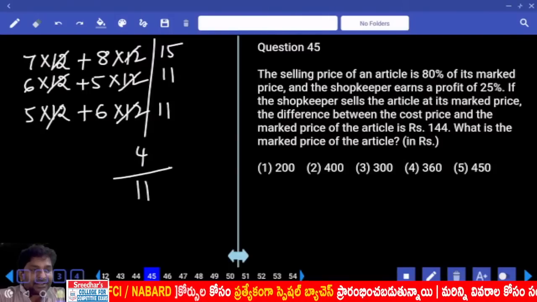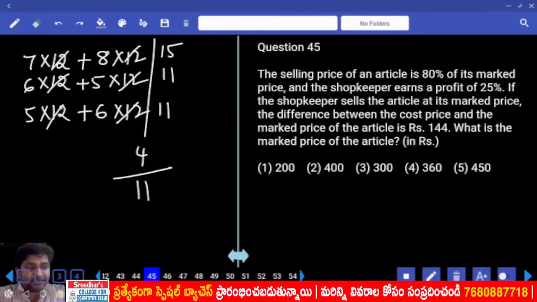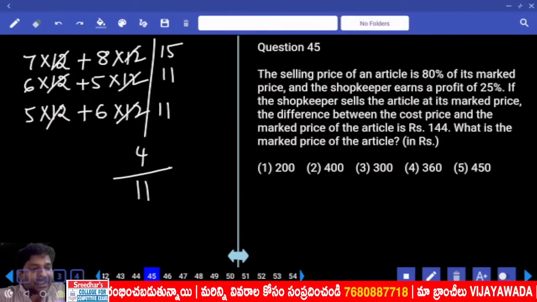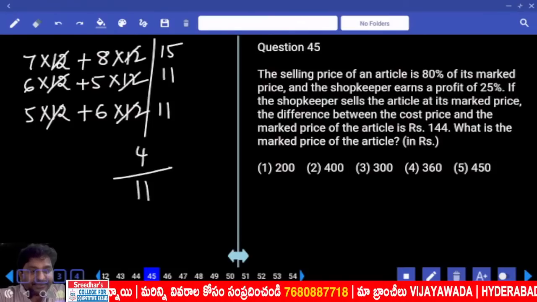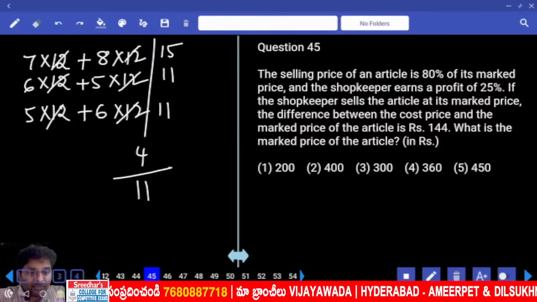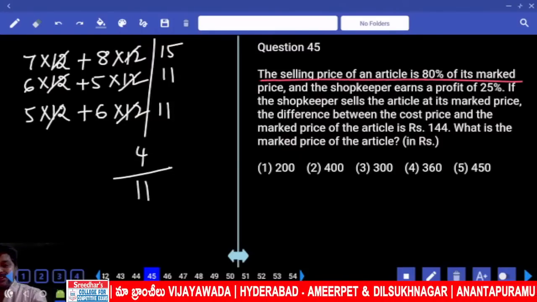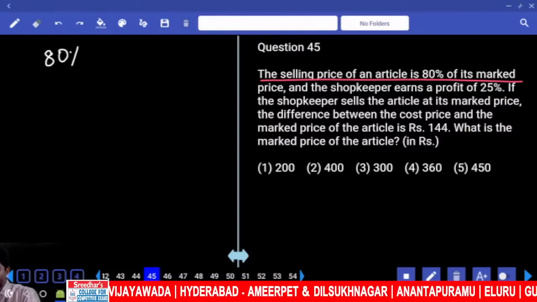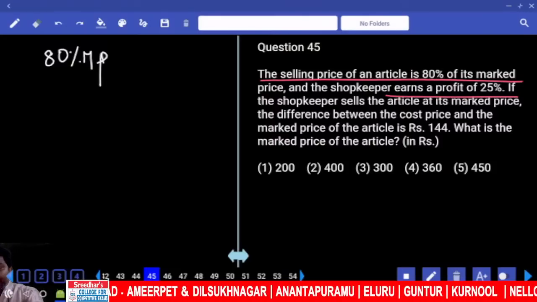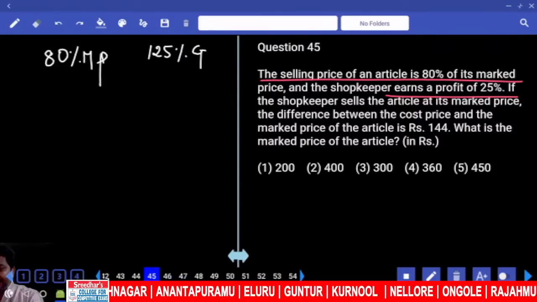The selling price of an article is 80% of its market price and the shopkeeper earns a profit of 25%. If the shopkeeper sells the article at its market price, the difference between cost price and the market price of the article is 144. What is the market price of the article? Selling price is 80% of market price. And when there is 25% profit, selling price is equal to 125% of cost price.